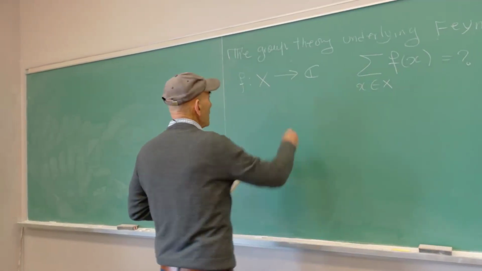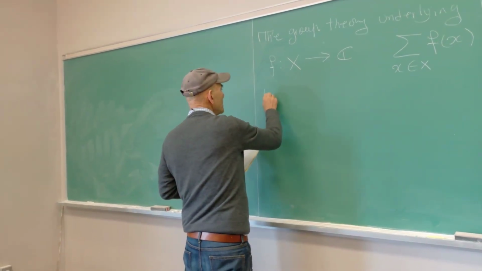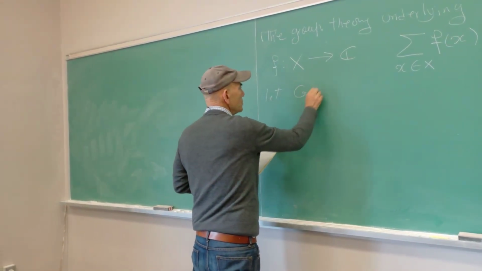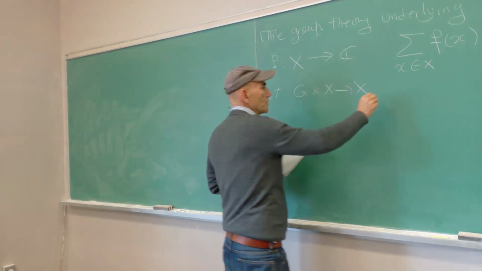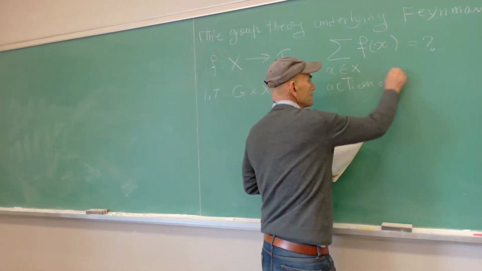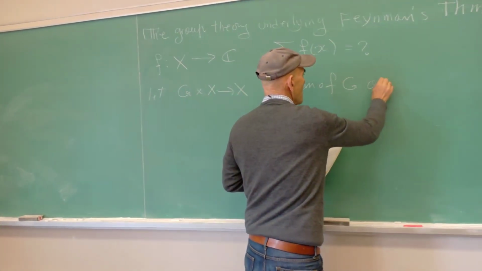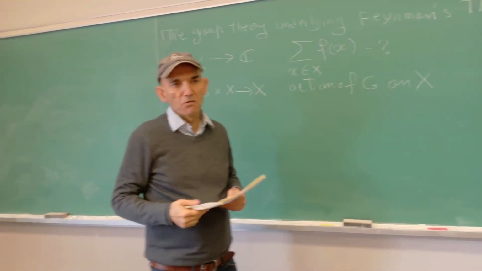That's where there is a symmetry. So let G be a group acting on X. Here, X is a discrete space, a finite set for that matter.